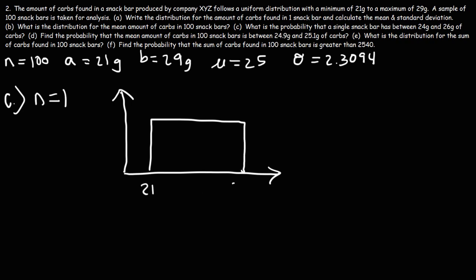The minimum value is 21, the maximum value is 29. Now, how can we calculate the probability that the single snack bar X is between 24 and 26? To calculate the probability when dealing with a uniform distribution, you need to calculate the area under the curve in this range.